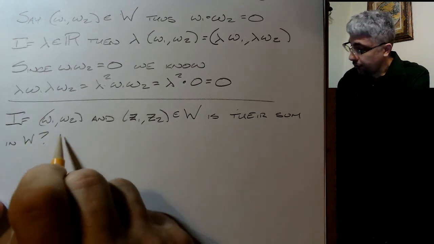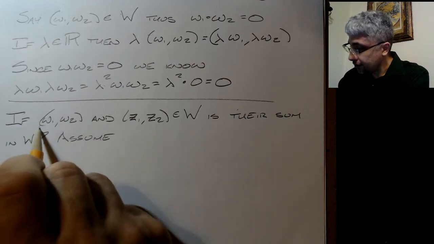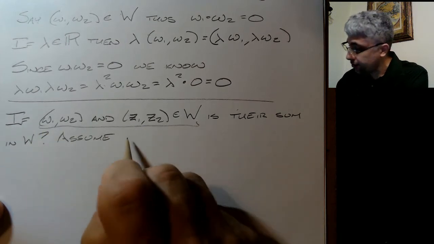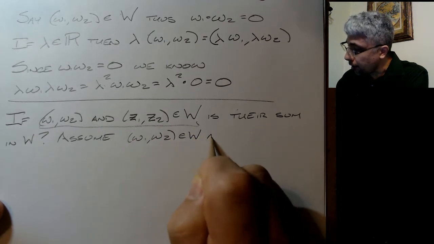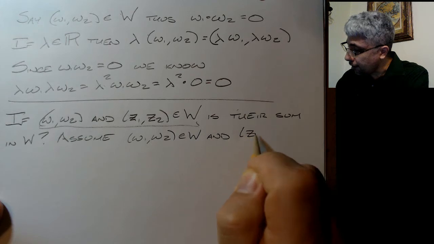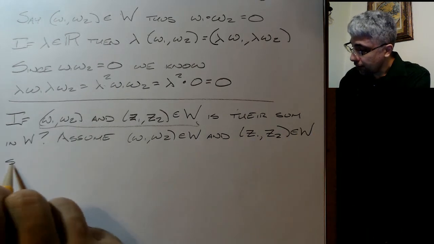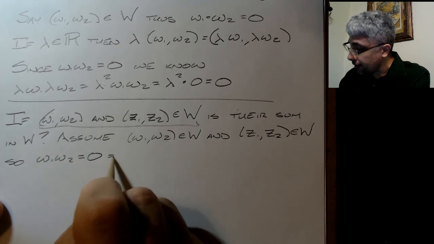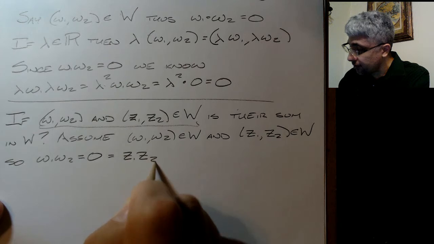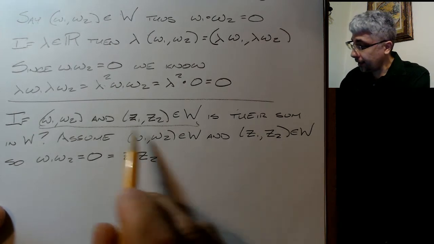Well, we're assuming that these two are in W, and that means that w1 w2 equals 0, and also that z1 z2 is equal to 0. Okay, so now I want to know what happens when I add these two.